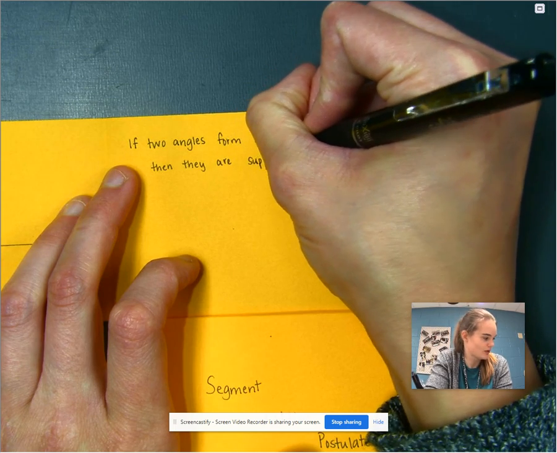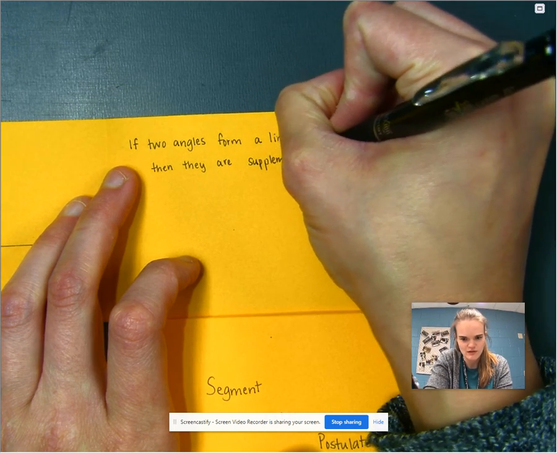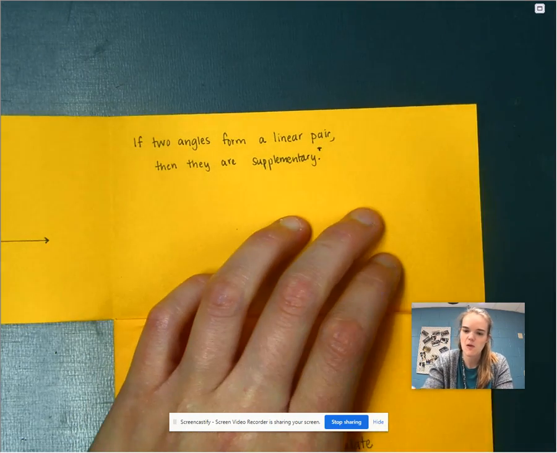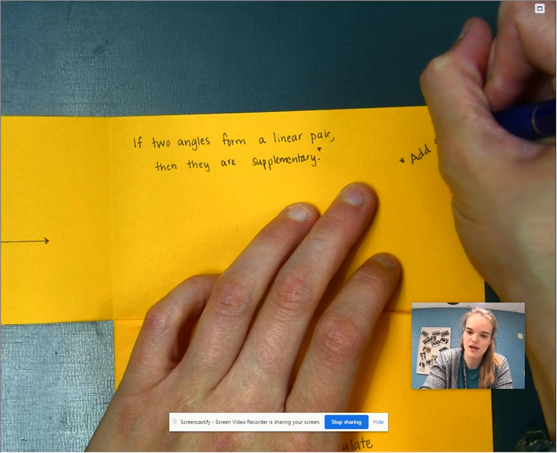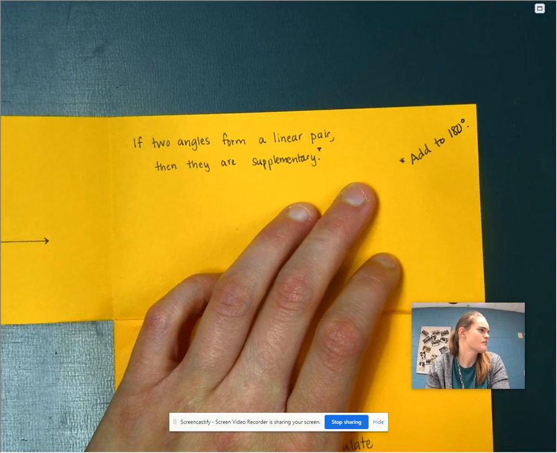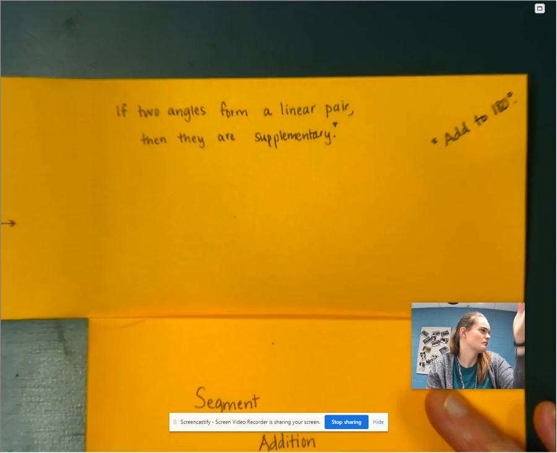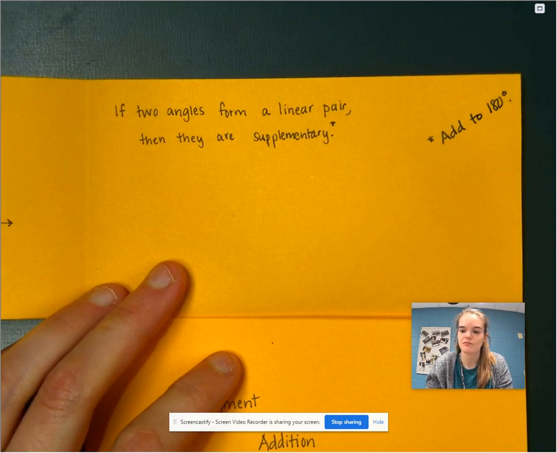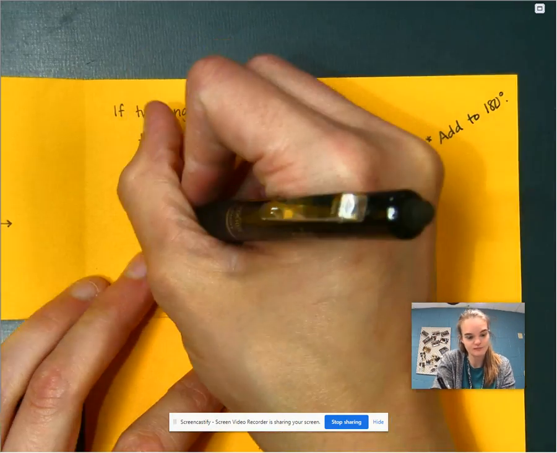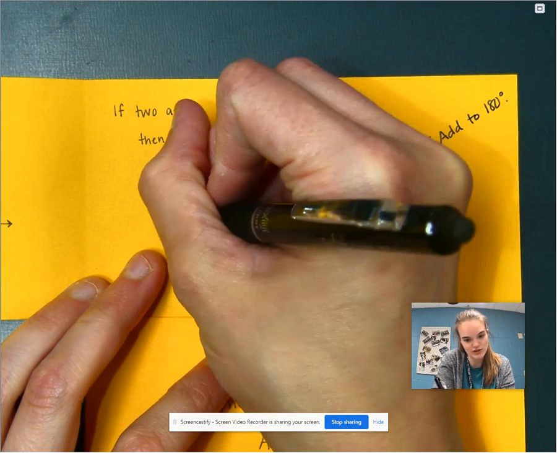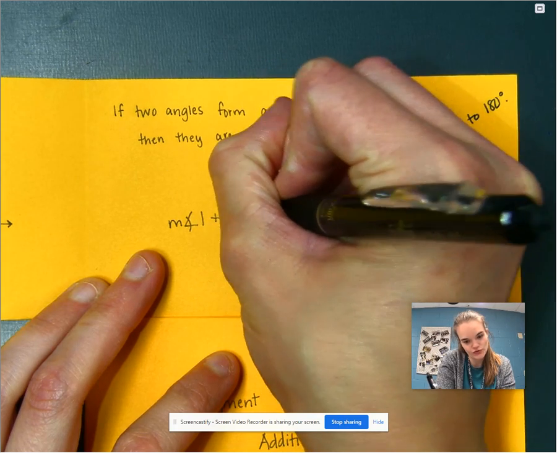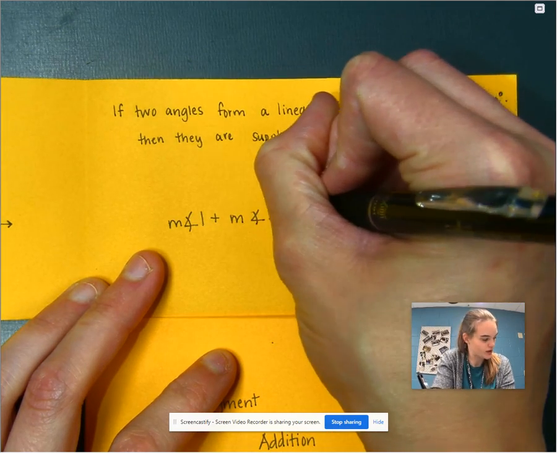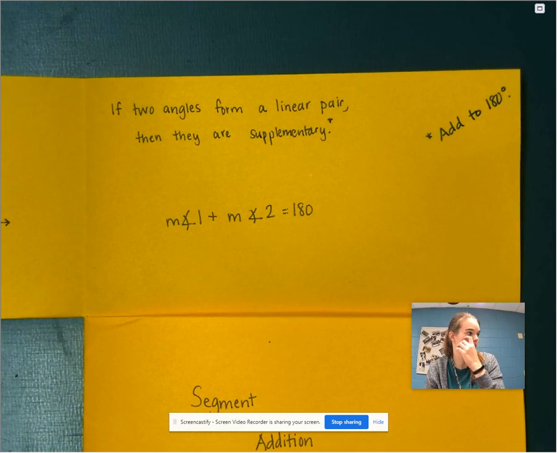We're going to make a little note about what supplementary means. Add to 180 is what that means. In a formula, that means M stands for measure. The measure of angle 1 plus the measure of angle 2 equals 180. That's going to be important for us in solving problems later.